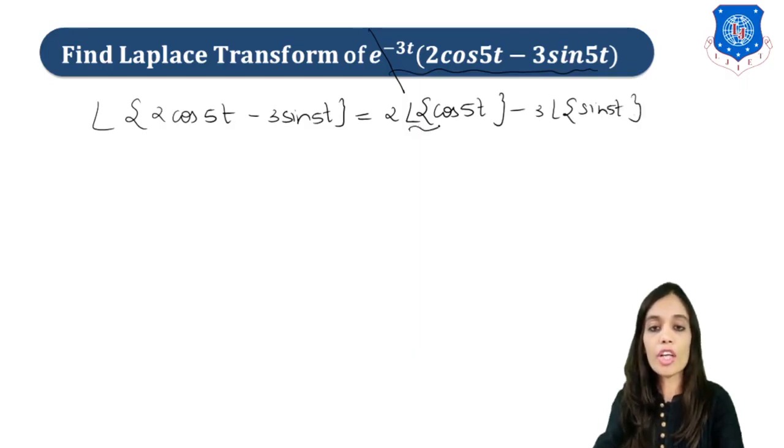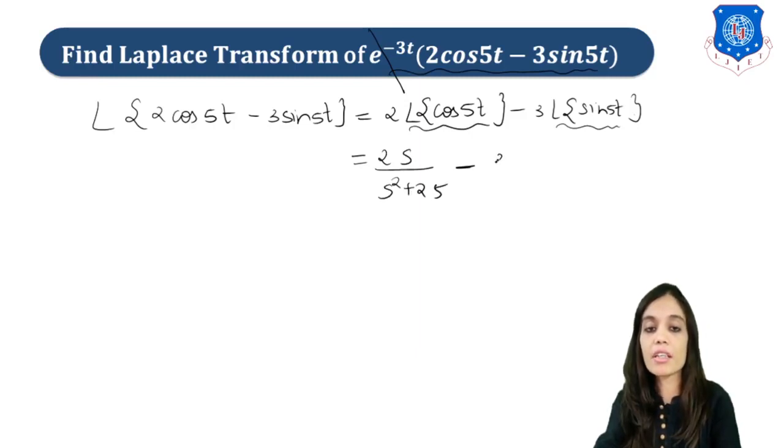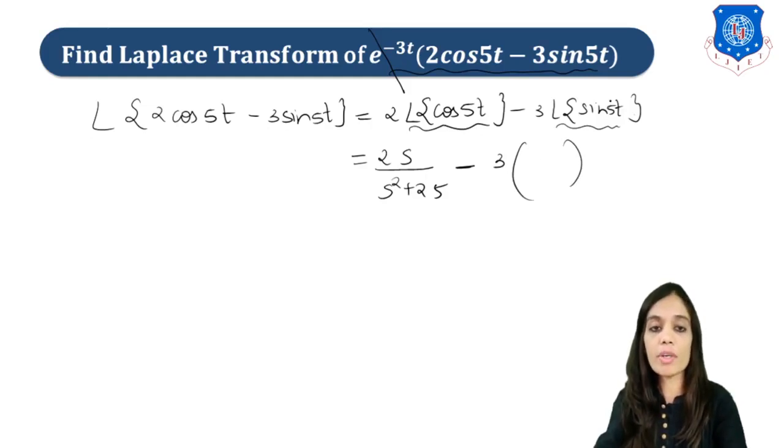Now we know the formulas of Laplace of cos and sin. So let us use those formulas. So it will be 2 times s upon s square plus 25 minus 3 into, here the formula is a upon s square plus a square, and our a is 5. So we will have 5 upon s square plus 25, right?